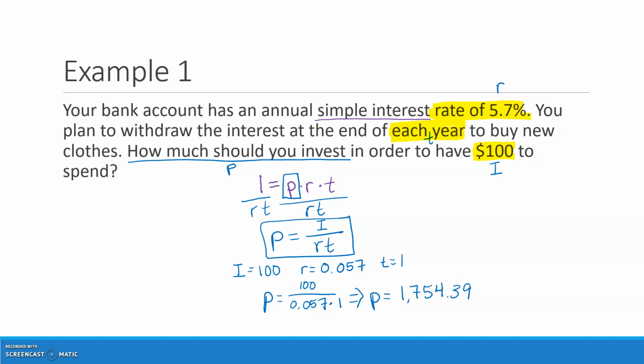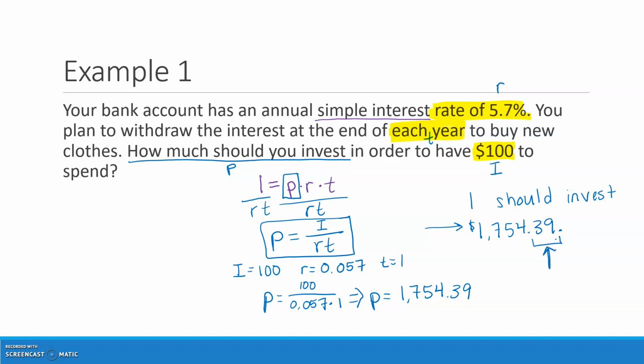So I need to write a sentence that answers the question it asks. My answer should be, I should invest, or you should invest, it doesn't really matter which one, I should invest $1,754.39. Notice that I did include my units of dollars, and I rounded to 2 decimal places.